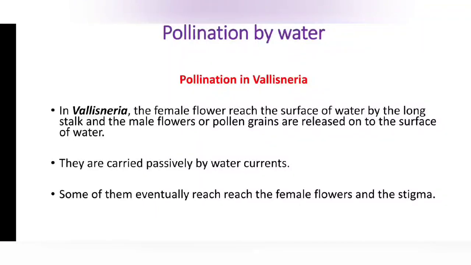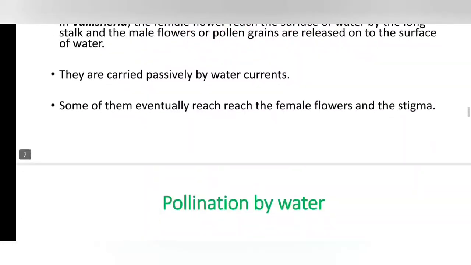They are carried passively by water currents. When they come in contact with each other, then pollination takes place. As we have already learned, in the case of wind and water pollination there is a loss of pollen grains. So here also it takes place. Only some of them eventually reach the female flowers and the stigma.